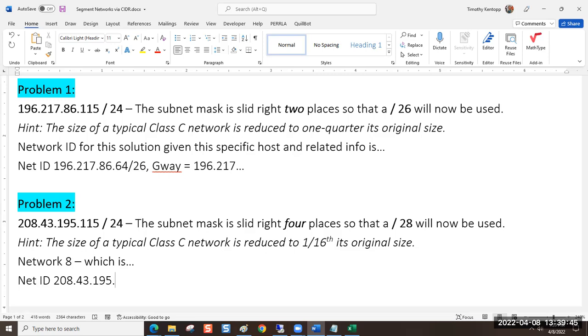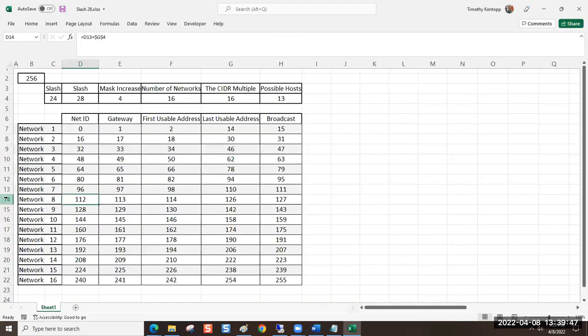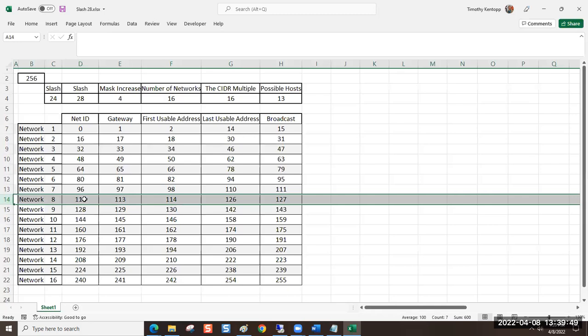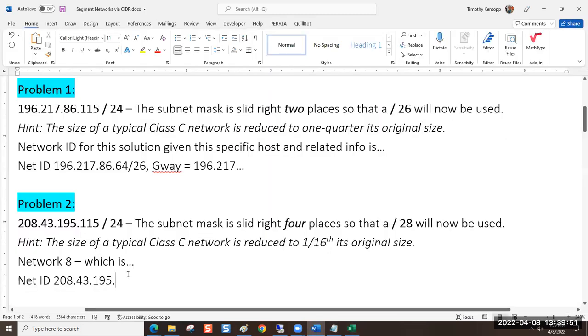What did we say? We said network 8. Oh, it's 112. 112 slash, what's my subnet mask now? Oh, it's 28. So that's my network identity. I've just identified what network 8 is.